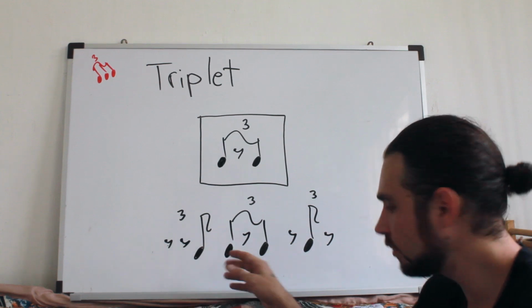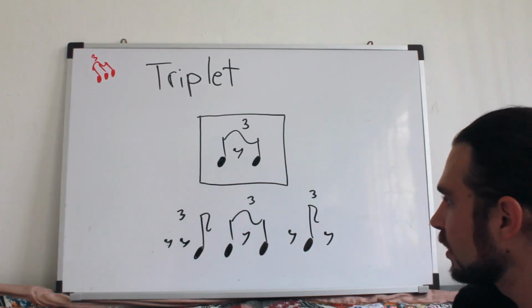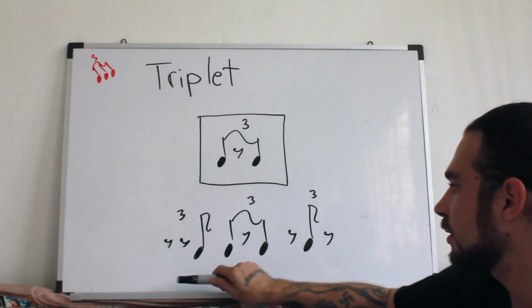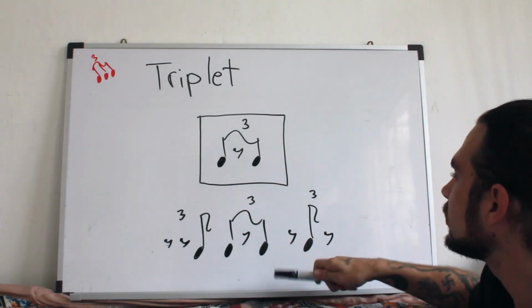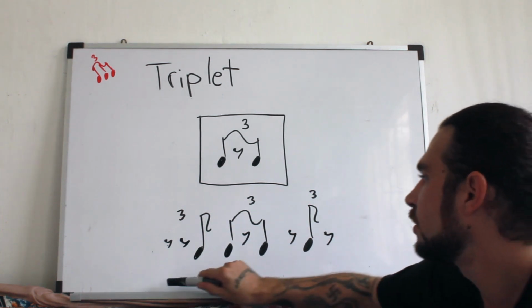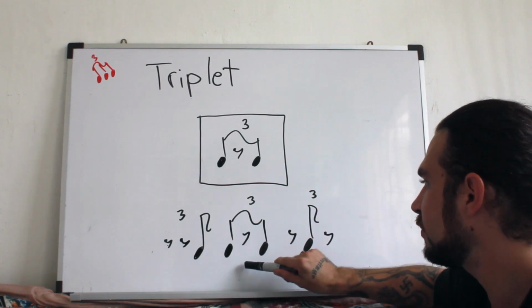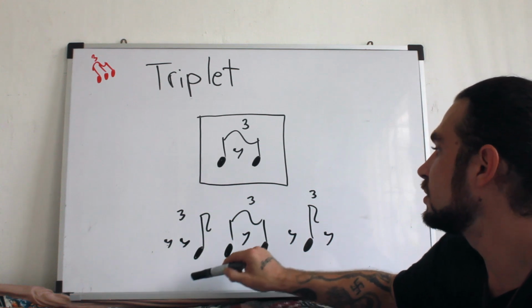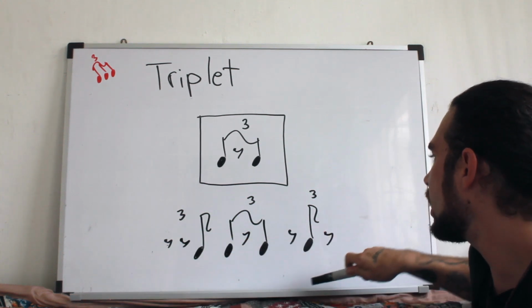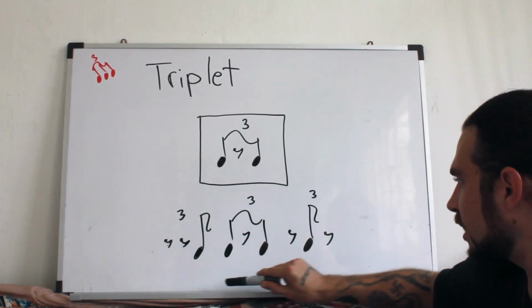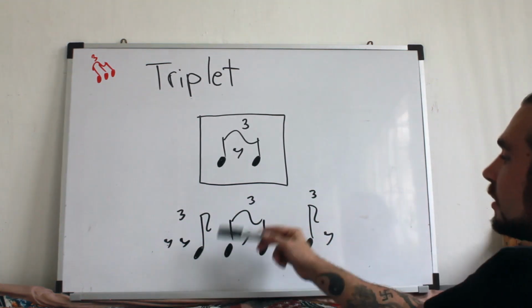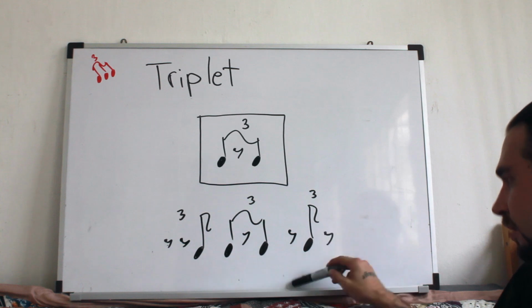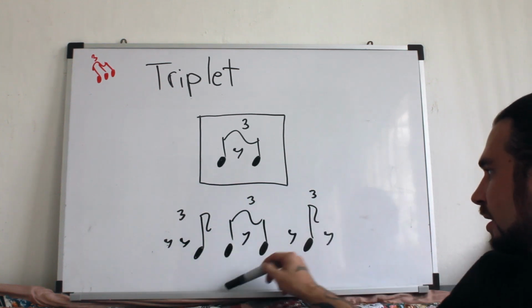Alright, so right here we would have triplet, triplet, triplet, da da da da. So rest, rest, da da, rest, da, rest, da, rest. 1, 2, da da da da da da.